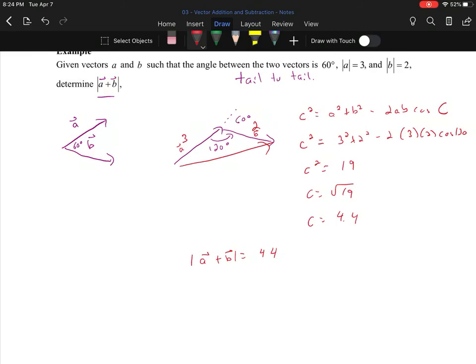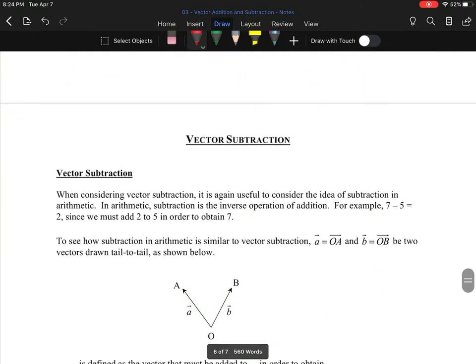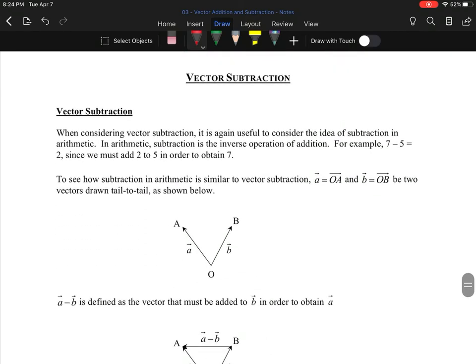So the magnitude of A plus B will be equal to 4.4. Okay, so just watch out for that little piece of information, but we'll try hard on tests and so on to make sure we mention that tail-to-tail thing, even though the homework doesn't always do that.